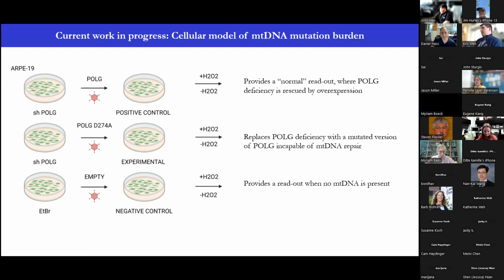John, no, I meant Nate. Oh. So John, you showed in the first part of your talk that the neuroretina degenerates over time. So I was just wondering how you normalized your Seahorse data, if you took that degeneration into account.